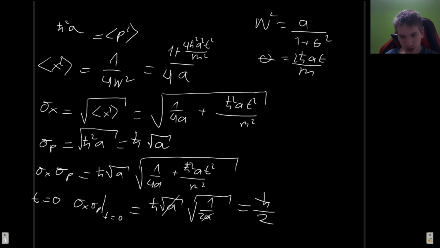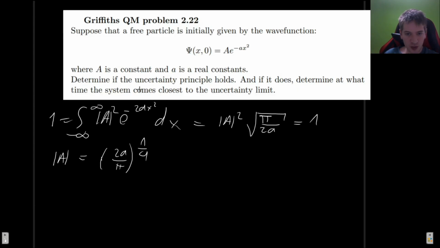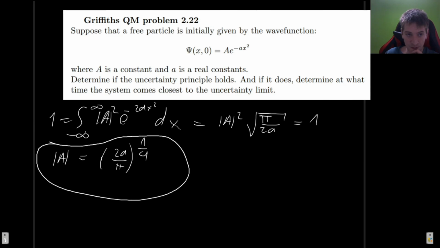So let's just quickly go through what we just did. What we wanted was to determine if the principle holds. In order to do that, we needed to find the expectation values, but for that we needed the wave function, for that we needed phi of k, and for that we needed the normalization constant. So we began by normalizing.